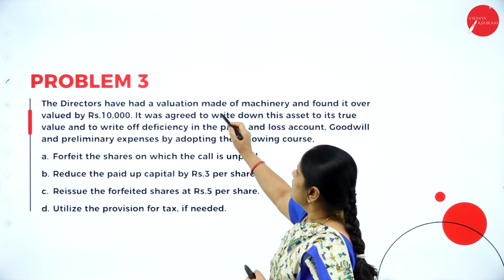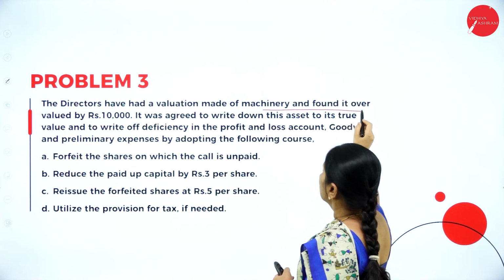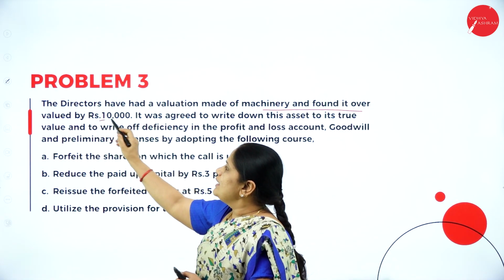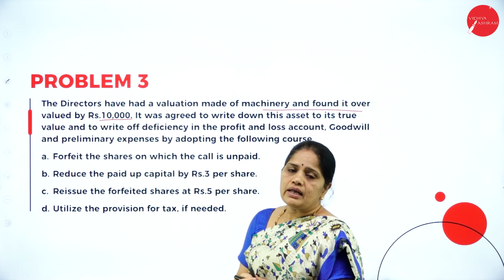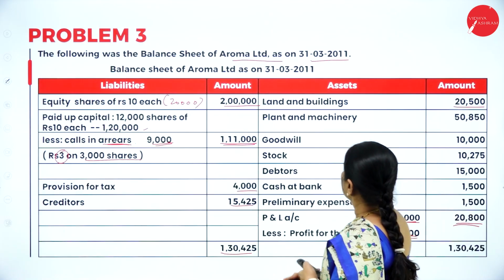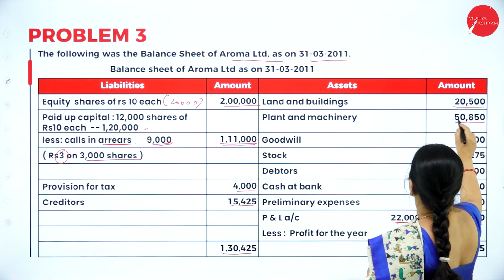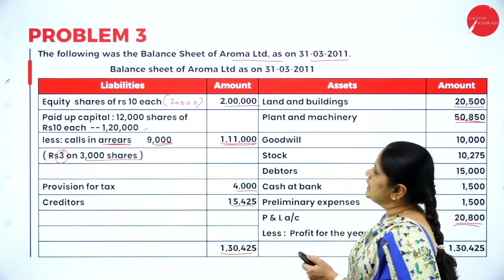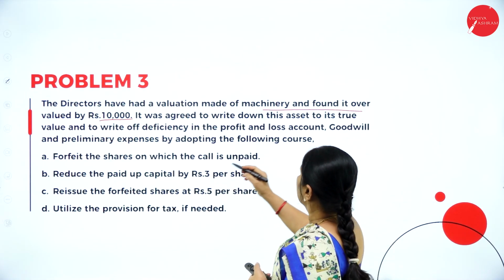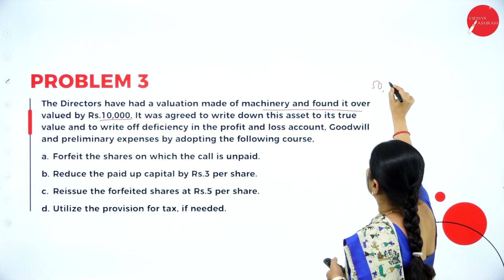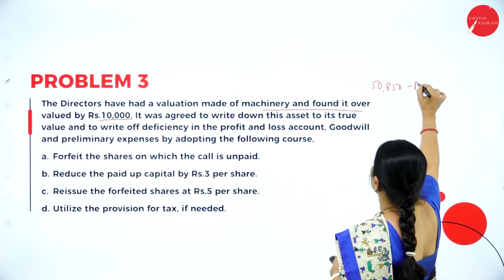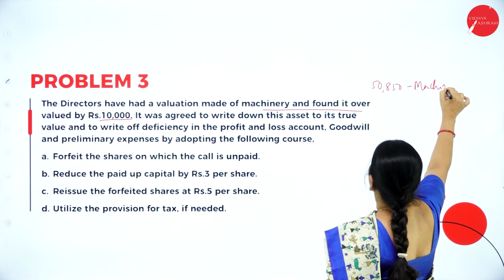The directors have had a valuation made of machinery and found it overvalued by rupees 10,000. Now, what is the value of machinery given here? The value of machinery given is 50,850, and the directors feel that this value of machinery has been overvalued.